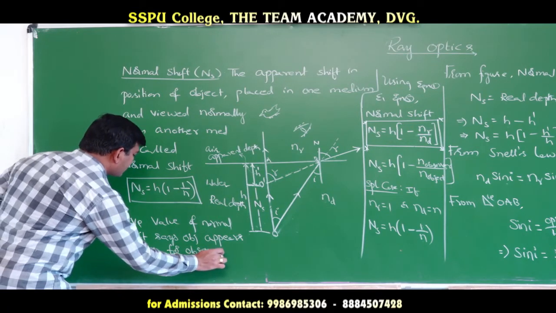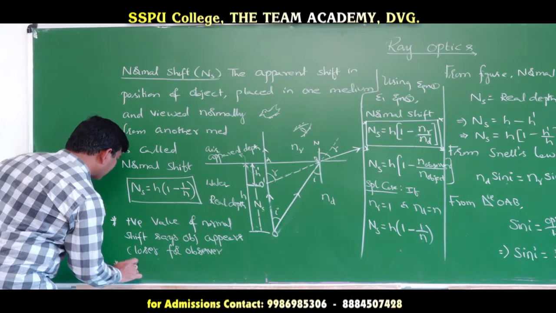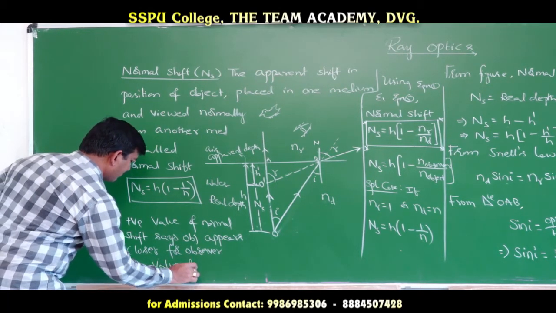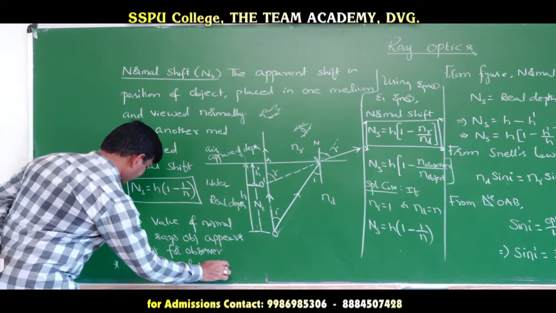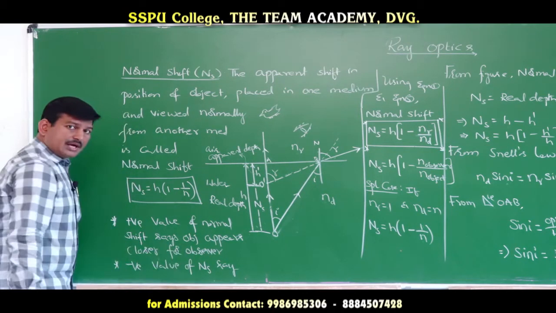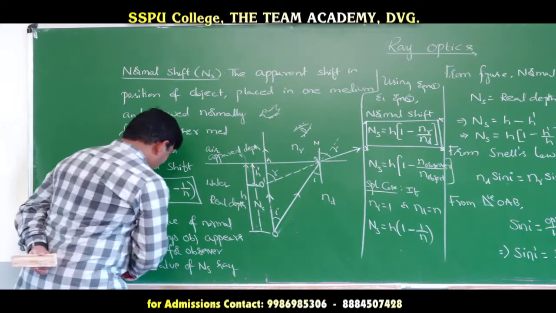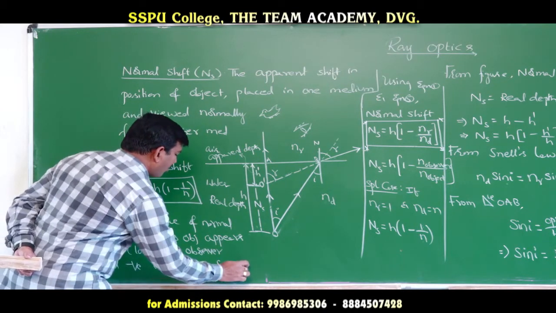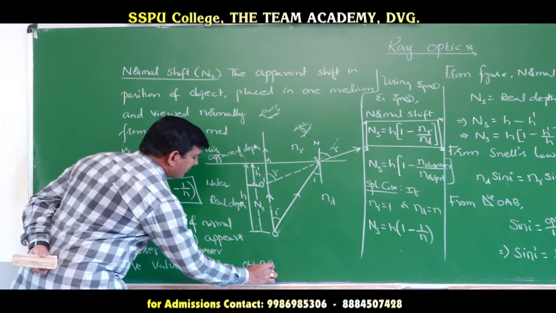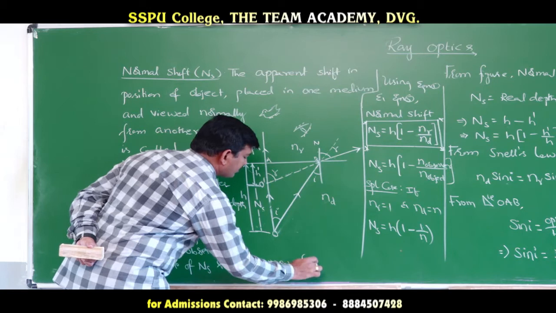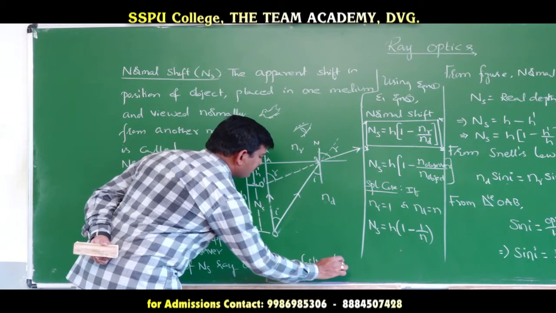And the quite opposite case is what? Negative value of normal shift. Negative value of Ns says the object appears what? Here it is closer, in the other case it must be farther. A negative value of normal shift says the object appears farther for the observer.